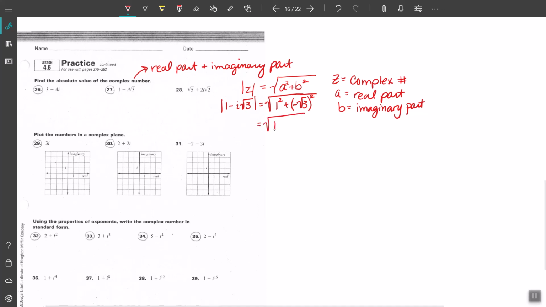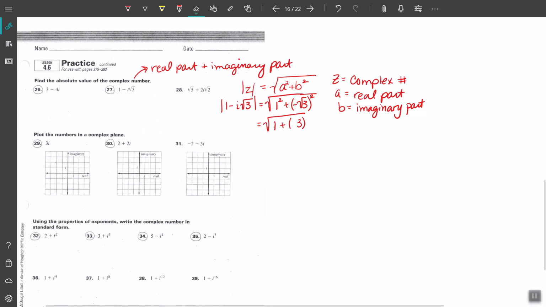So I have the square root of 1 plus, right here, I'm squaring the square root of 3. When I do that, the square root sign and the exponent of 2 go away to leave me with 3.